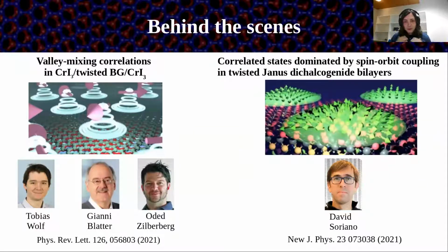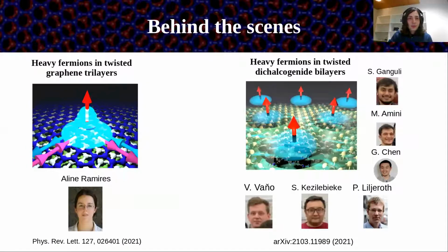Before going to the physics part, let me just emphasize that all the things that I'm going to tell you today were only possible because of all the people that did all the work, and without them, I wouldn't be able to tell you about this today. In particular, I'd like to thank Tobias, Gianni, and Odette for all their wonderful work in this first work that I will tell you about, David for his wonderful work in the twisted Janus materials.